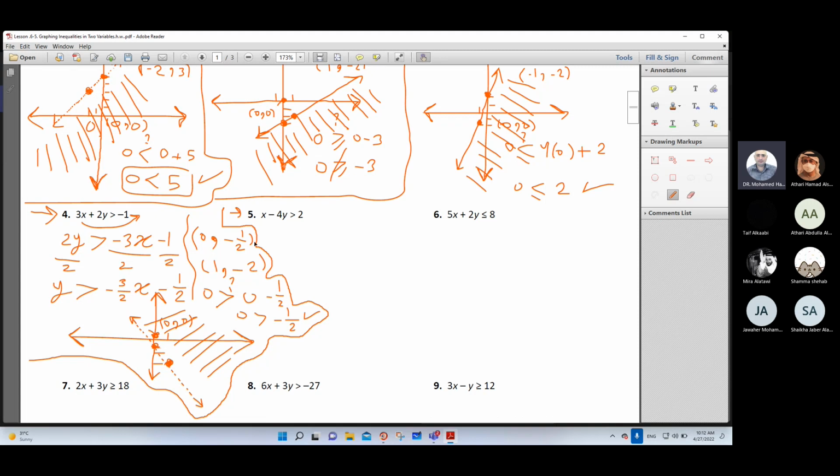Then choose 2 points, then graph this inequality, then do a test for the origin, then determine the area of the solution. Start please, then send me your solution in the chat in Teams. I will wait for you. You have 5 minutes. Start please. I want all of you to work please.